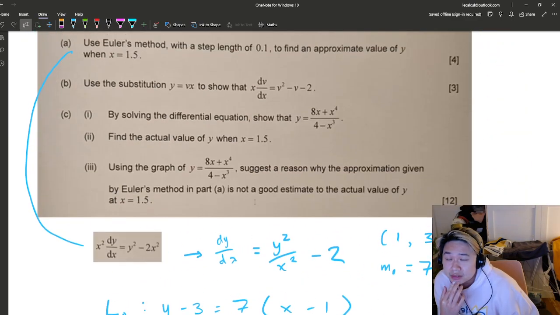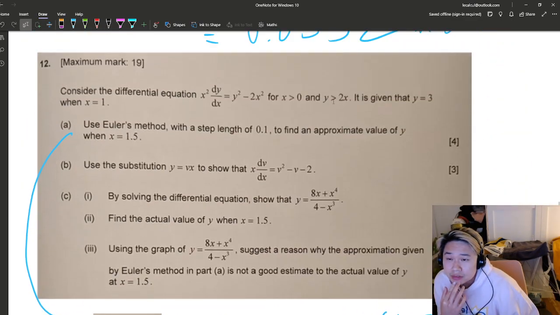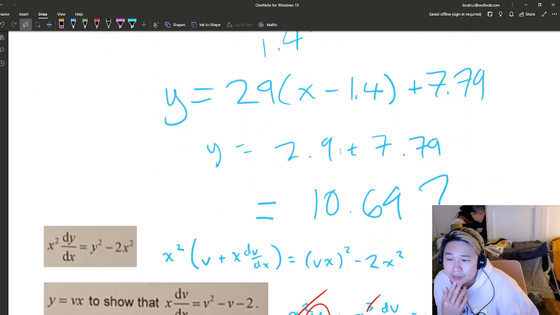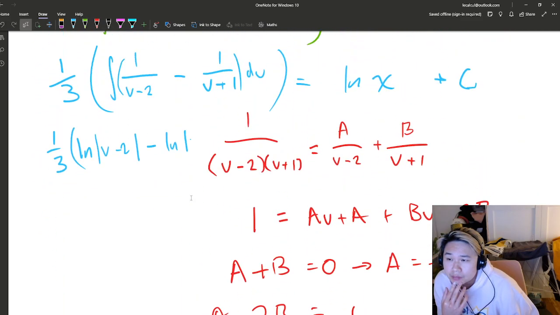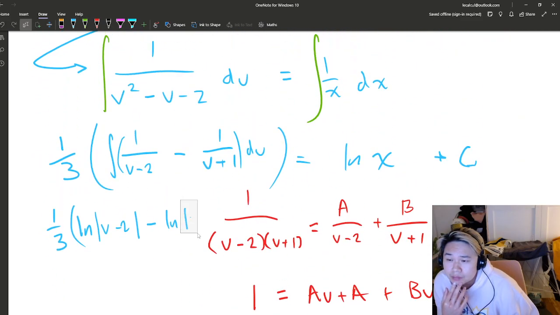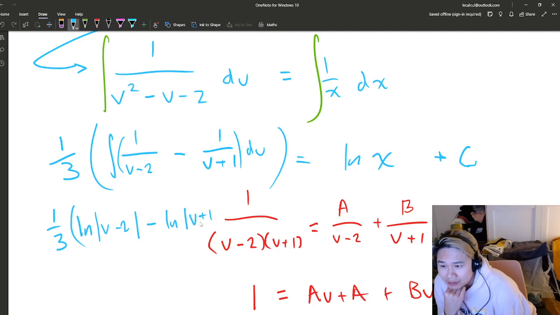And y is going to be more than 2x. Whatever, we'll deal with this later. I thought I could clean up the absolute value stuff right now.